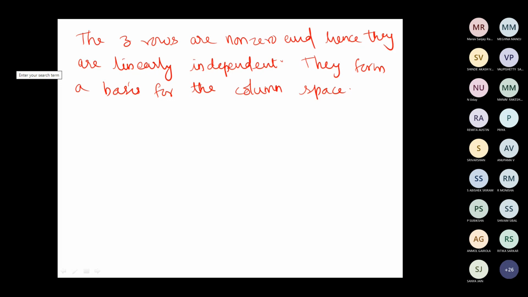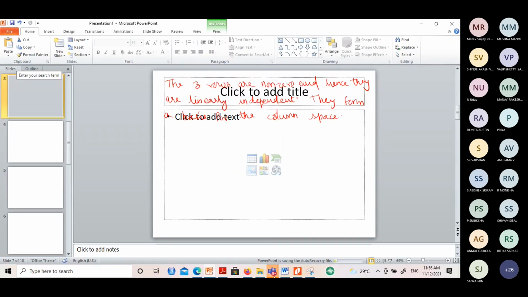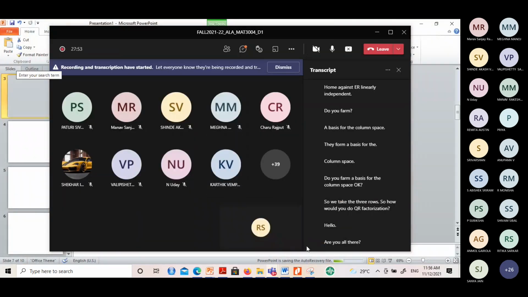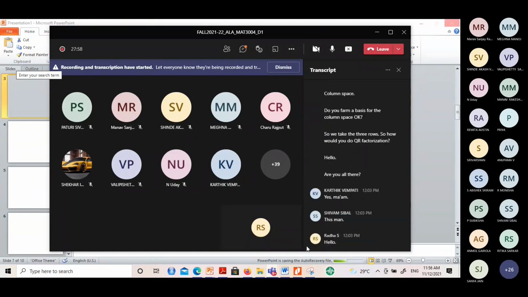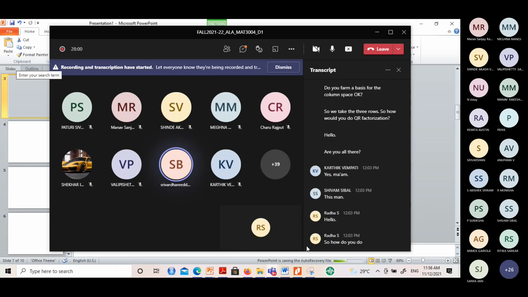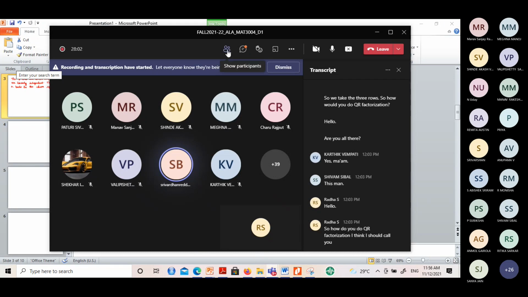So, how do you do QR factorization? Hello? Are you all there? Yes, ma'am. How do you do QR factorization? I think I should call you by name, then only you will answer.